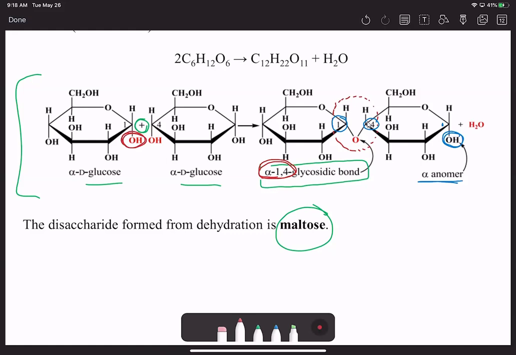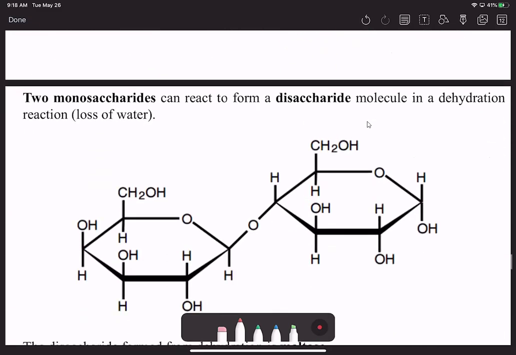This alpha here, alpha, because before the sugar was bonded together, this sugar was in the alpha position. So alpha, and it's bonded between carbon number 1 and carbon number 4. Alpha 1,4 glycosidic bond.